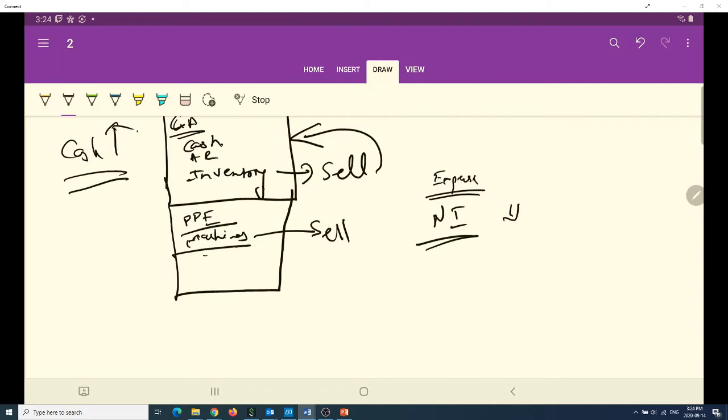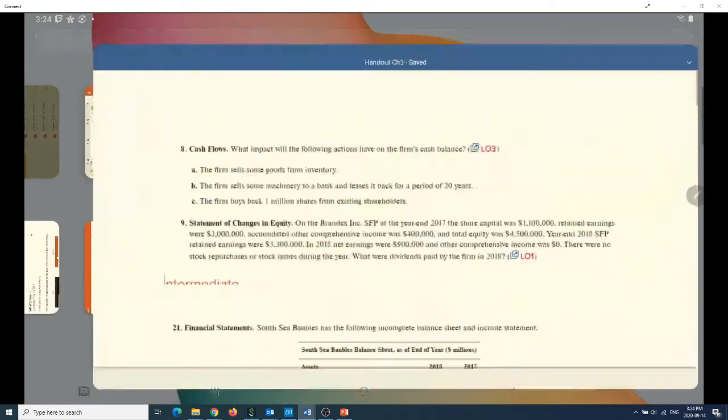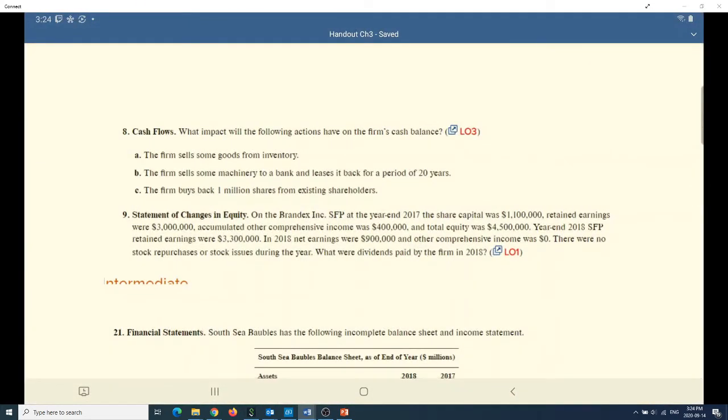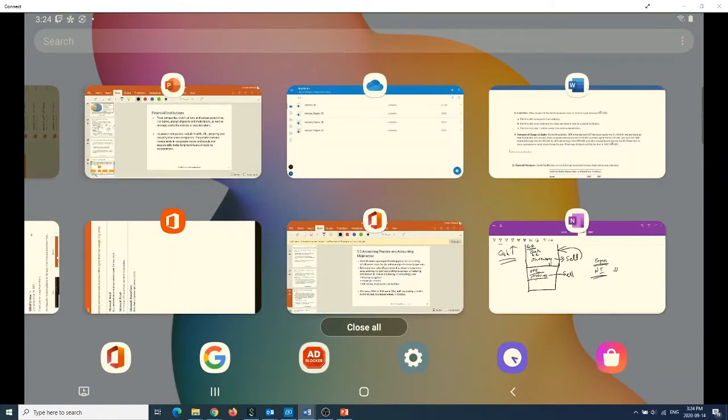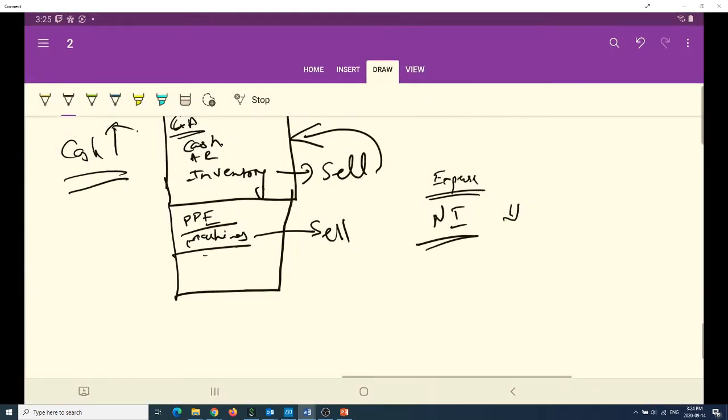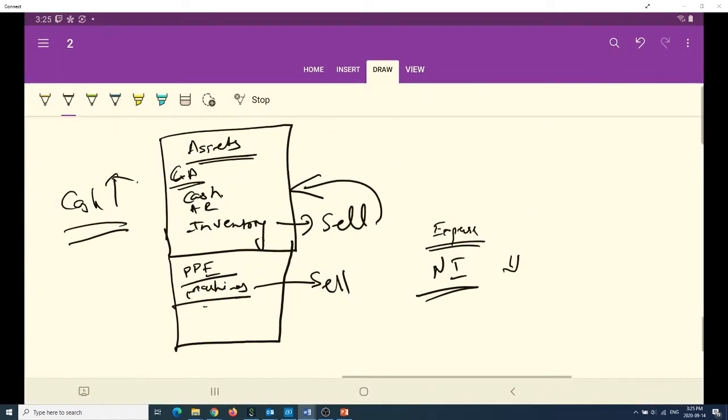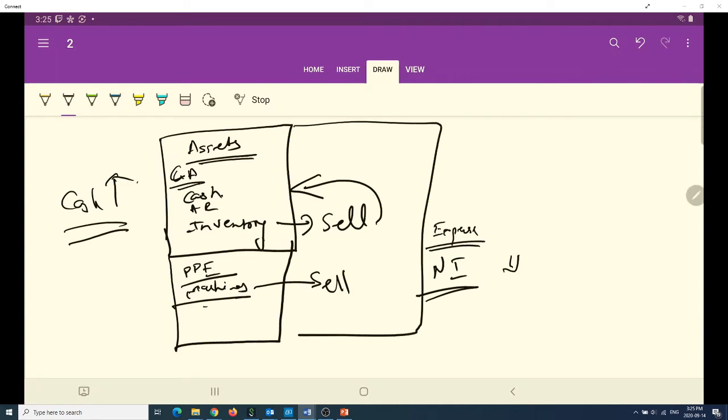And for part C, firm buys back 1 million shares from existing shareholders. What happens here? Okay, so think about it in your liabilities plus equity.